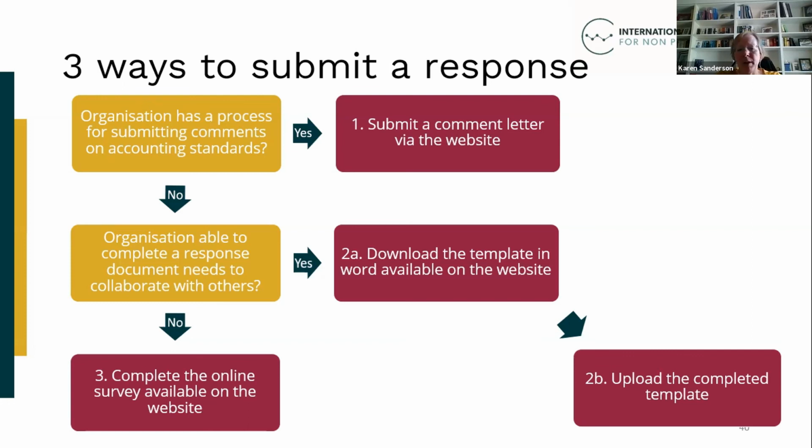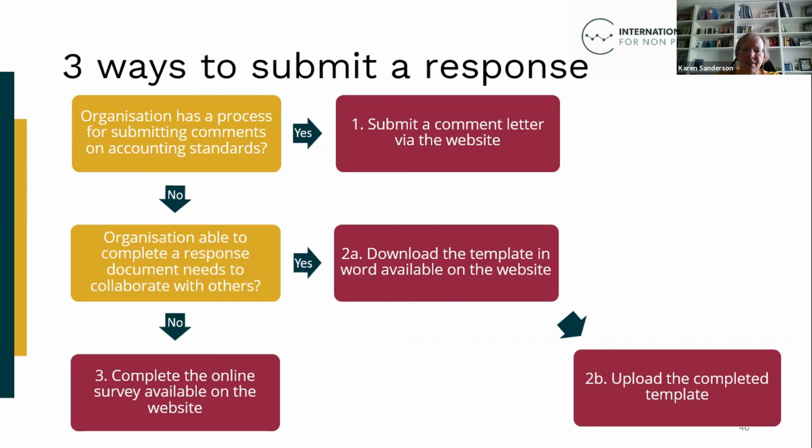If you'd like to submit a response as an organisation, collaborate with others on a response, or just work offline, then the second option is to download a Word template that is available on the website. You can put in your thoughts and hold on to it, and when you're ready, upload it back to the website. The third option is great if you're submitting as an individual.